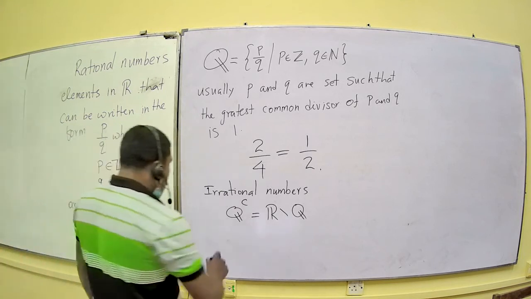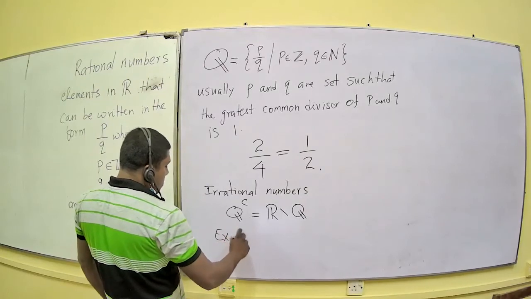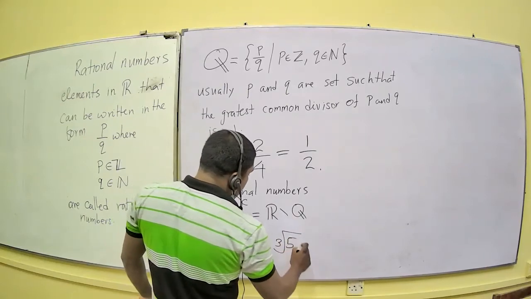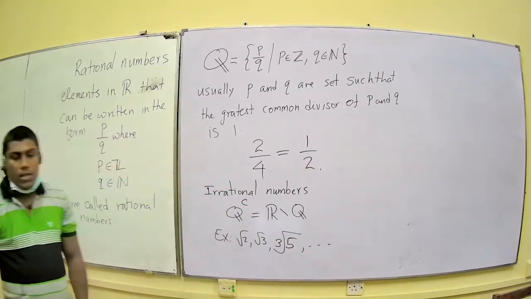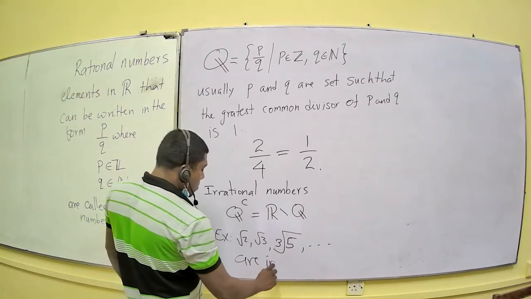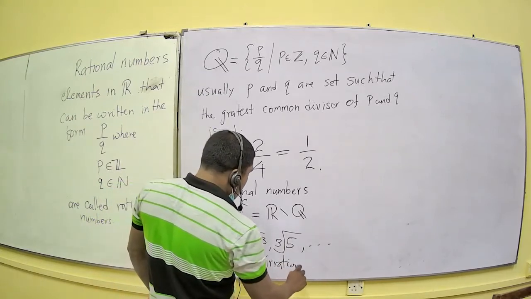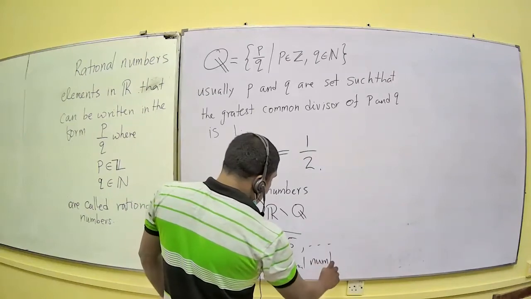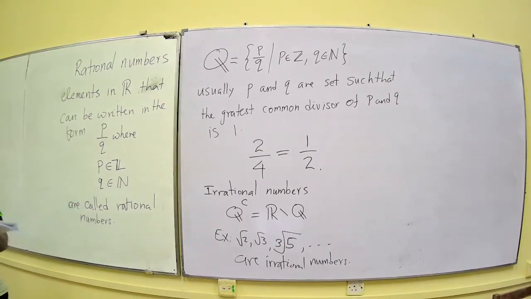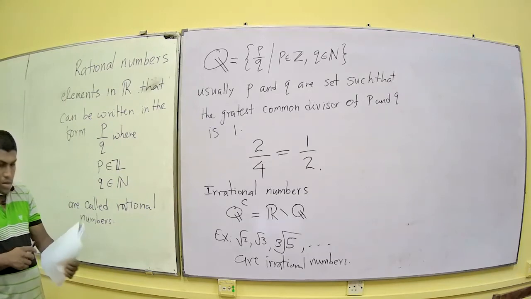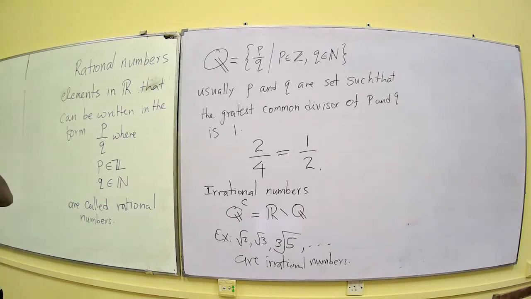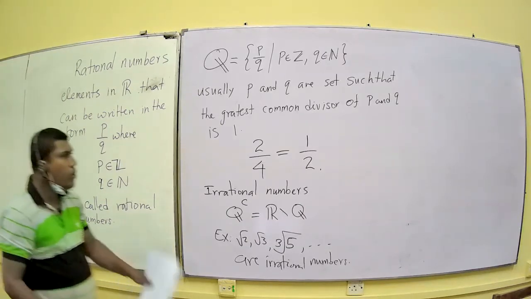So for example, cube root of 5. A lot of values are there. So these are irrational numbers. These are the number systems, the types of numbers you have.